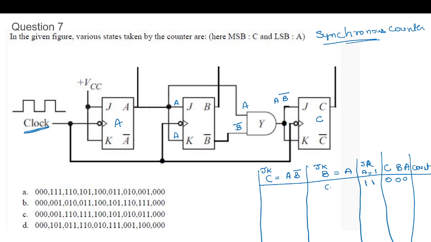So A toggles, and the other flip-flops stay in the same state. Now A is 1, so B's input is 1, 1. Here it is A, B bar, again 1, 1. So all flip-flops are in toggle state.